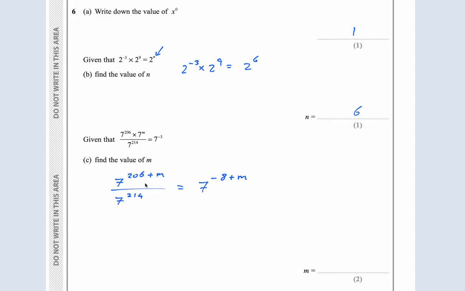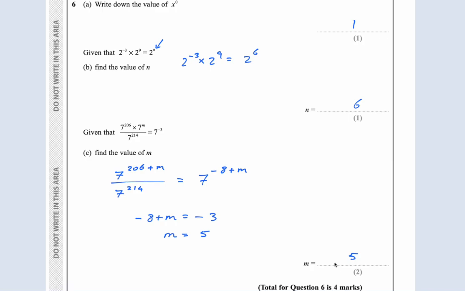So this left-hand side is 7 to the minus 8 plus m, and the right-hand side is 7 to the power of minus 3. That means minus 8 plus m has to equal negative 3, which means m is negative 3 plus 8, which is 5. So m is 5. Okay, that's question 6.